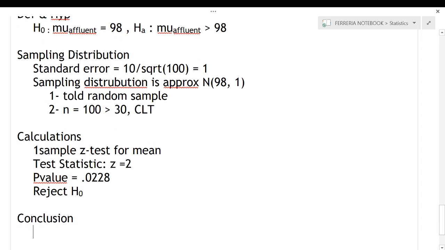How do we do our p-value? Where's my script? Here we go.